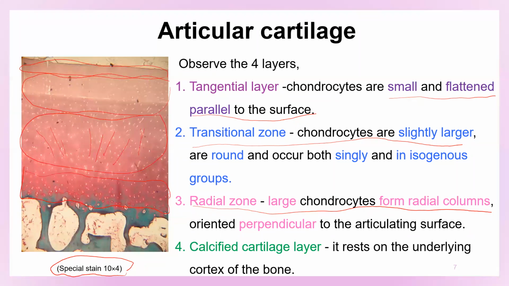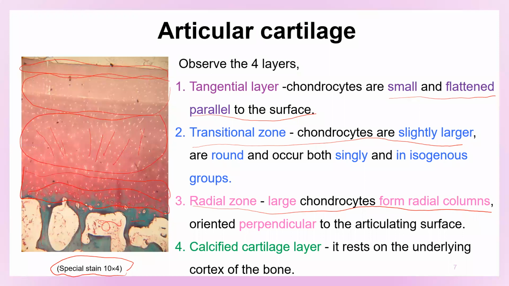So this area is calcified cartilage, and this, of course, is the bone, and this is the bone marrow. So the bone is stained in a bluish greenish color. Okay, so this calcified layer rests on the underlying cortex of the bone.